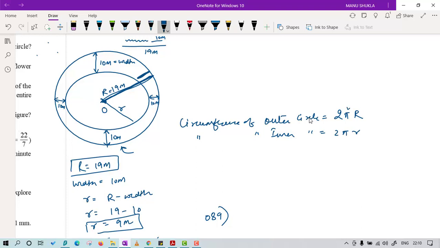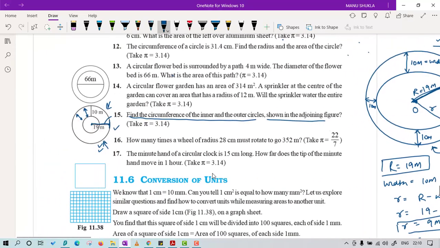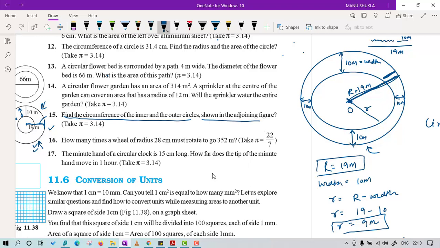Now you have to use pi as 3.14. So just put the value. R is how much? R is 19. So just multiply these three and you will get the circumference of the outer circle. Similarly, you have to multiply these three. What is the inner radius? It is 9. And you will get the circumference of the inner circle. That's it. And with that, question 15 is done.